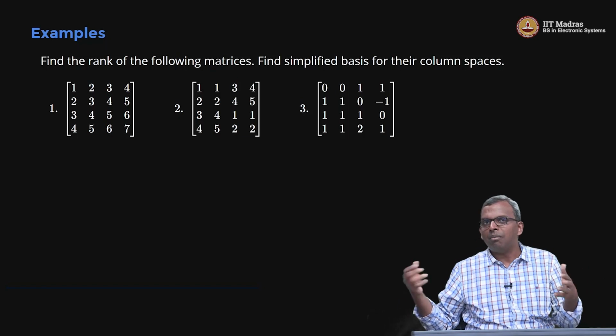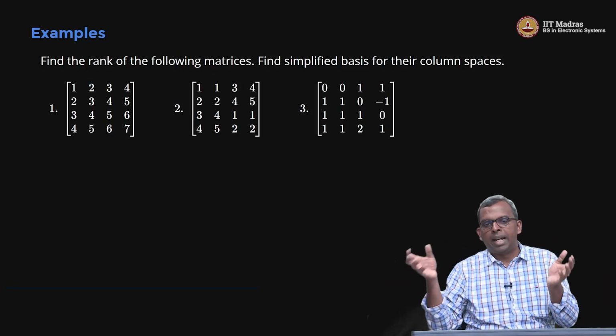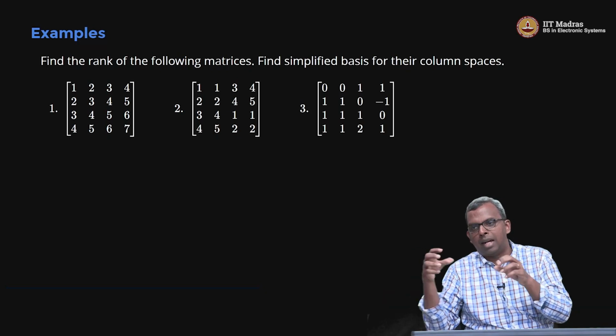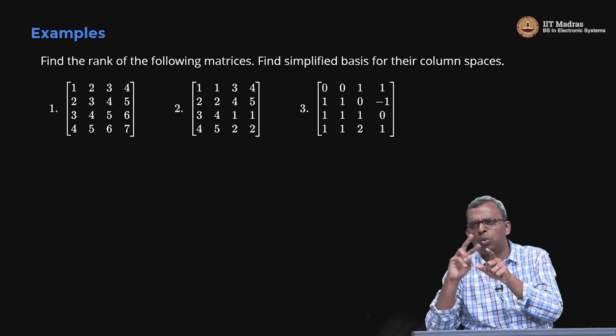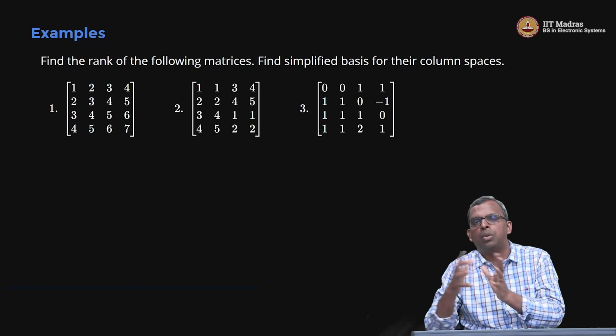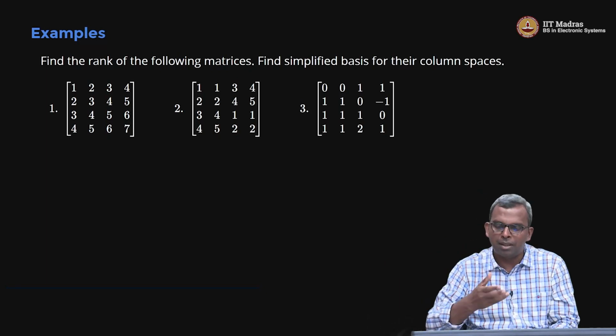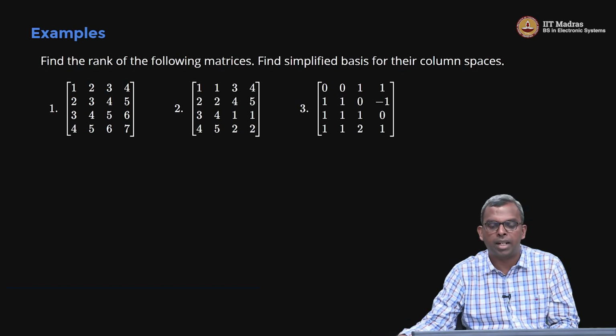That's it. The same process. You will get the number of linearly independent vectors as the rank, and the basis itself will also come. You may have to do swaps to make sure that you respect the positioning correctly. Okay, so I'm not going to work out these examples. These are examples that you can very readily work out.